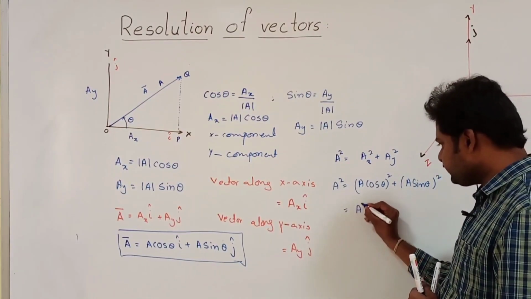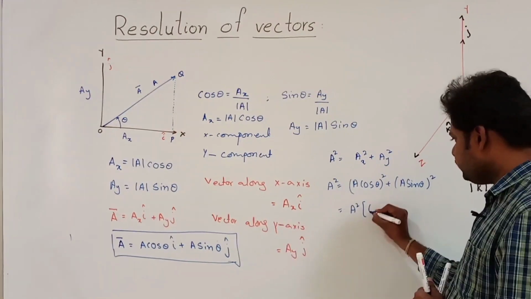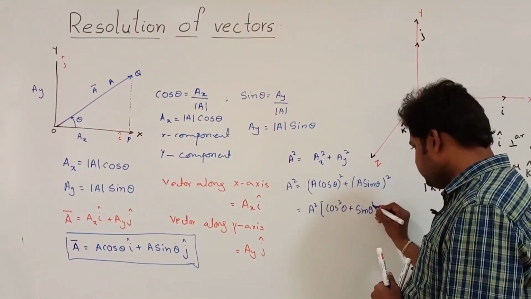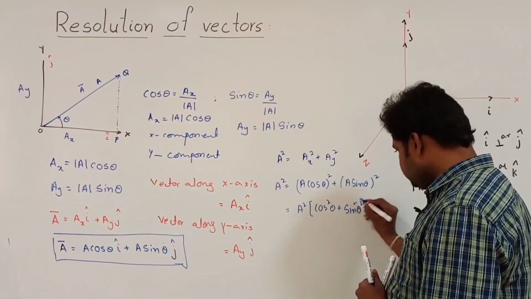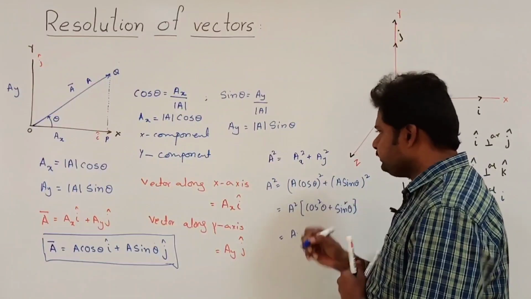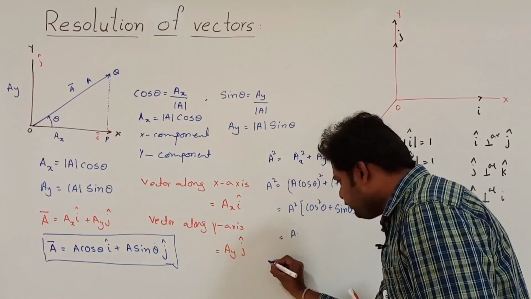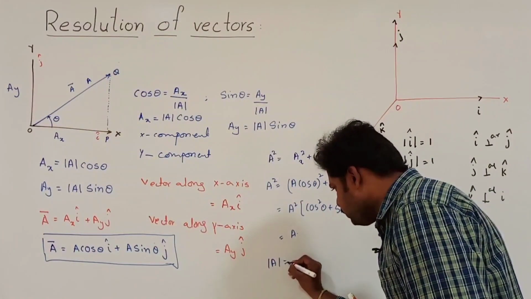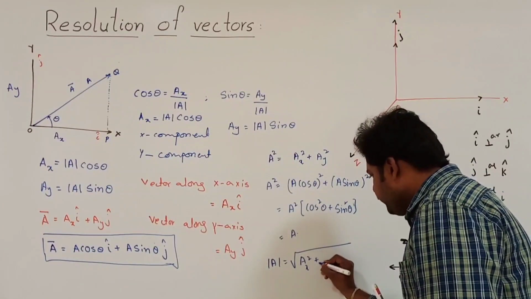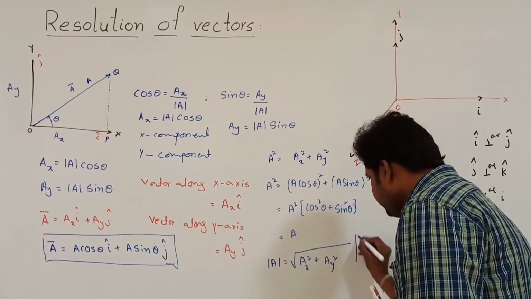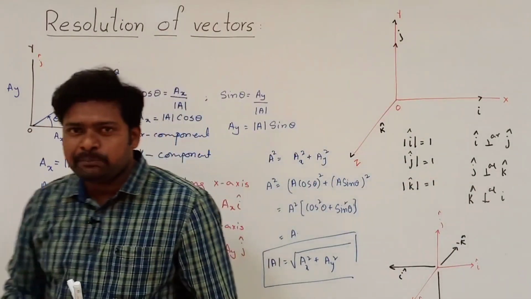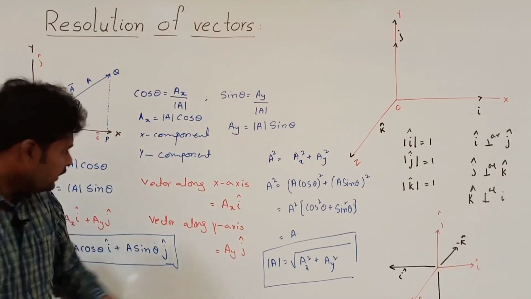Simply I will take A square common: A square times cos square theta plus sin square theta. Simply the magnitude is A. So mod of A is equal to under root of AX square plus AY square. In this way, we write the magnitude of a vector in terms of components.